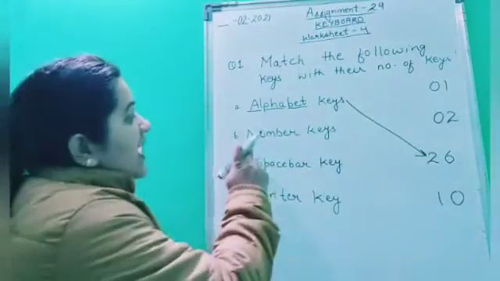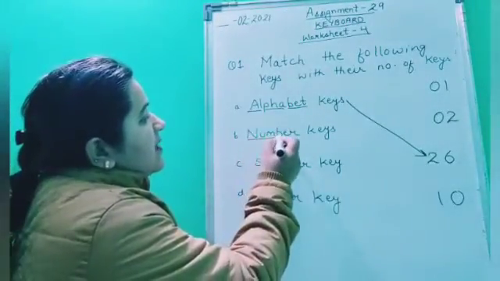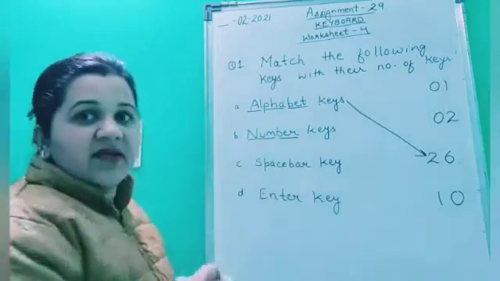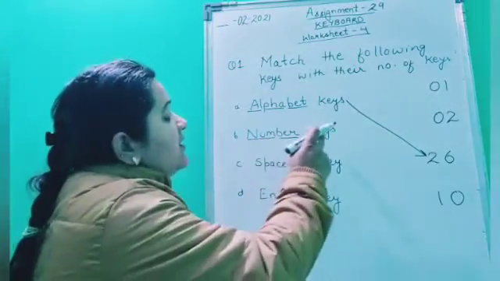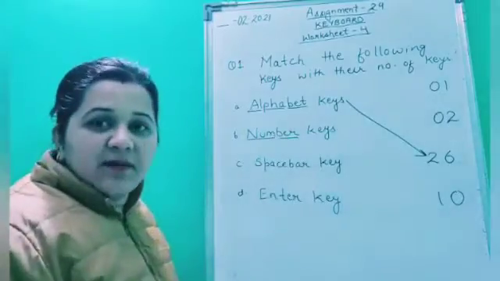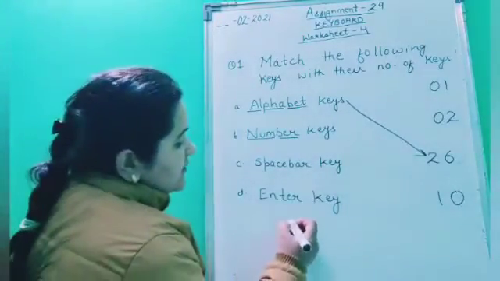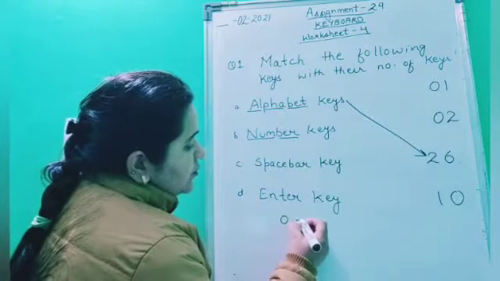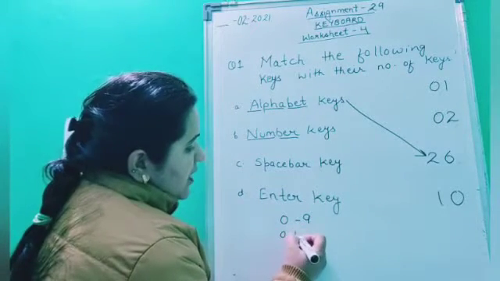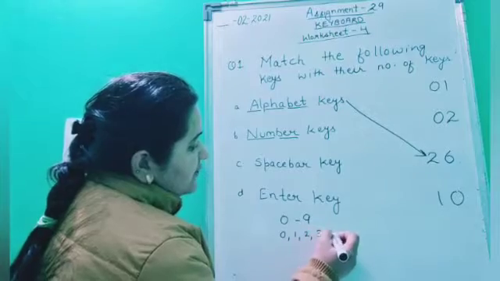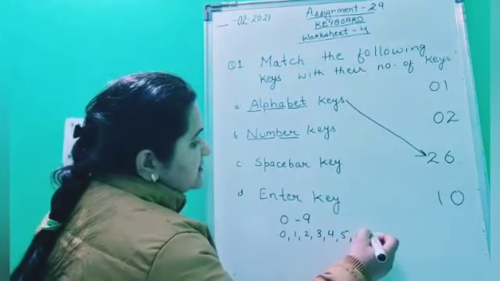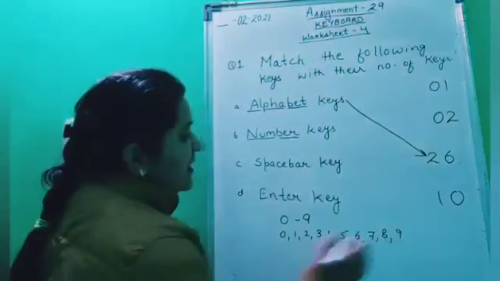Next is number keys. So children, how many numbers are there total? Let's count from 0 to 9. 0, 1, 2, 3, 4, 5, 6, 7, 8, 9.